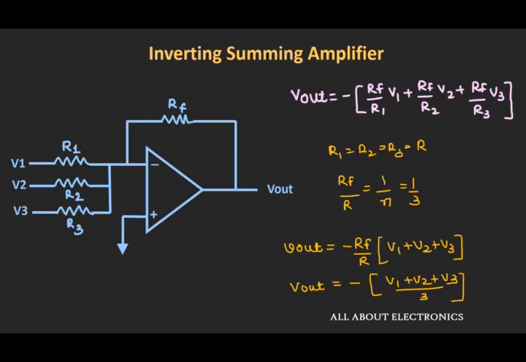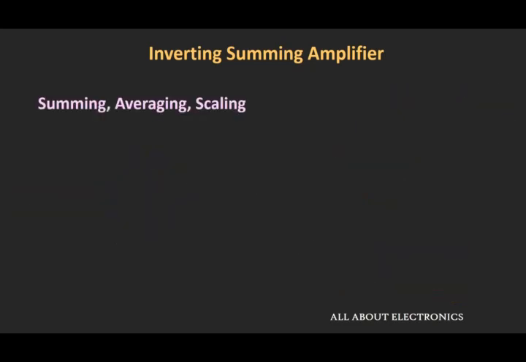Now let us see some more applications in which this inverting summing amplifier can be used. As I already told you, this summing amplifier can be used for addition, averaging as well as scaling. Apart from that, it can also be used to provide a DC offset to the input signals.